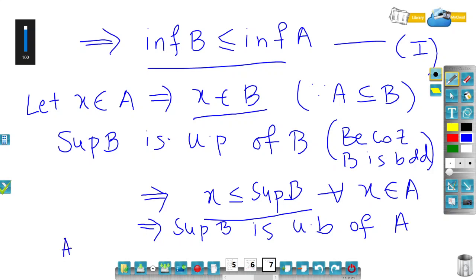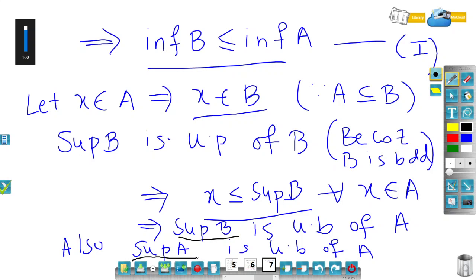Also, supremum of A is an upper bound of A. So we got two upper bounds for set A. One is supremum B and the other one is supremum A. Both are upper bounds of A, but supremum of A is the least upper bound.